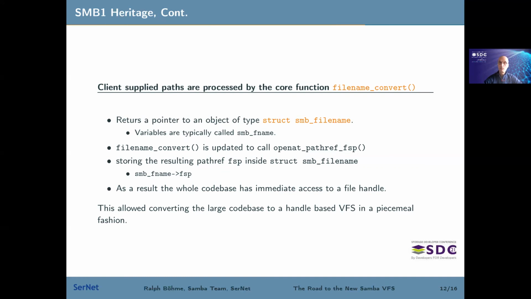As a result, the whole code base has immediate access to file handles in all places where we previously were processing path-based SMB1 requests, or in other places where we process paths with filename_convert, which is basically really only used for processing the client paths.